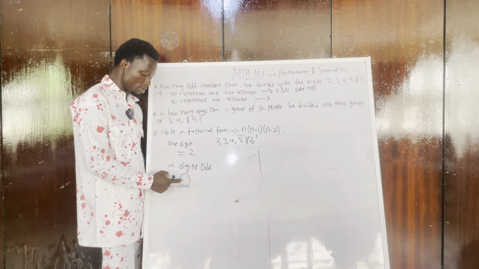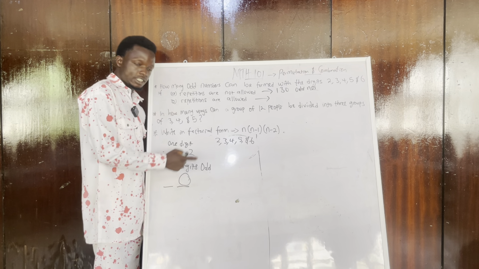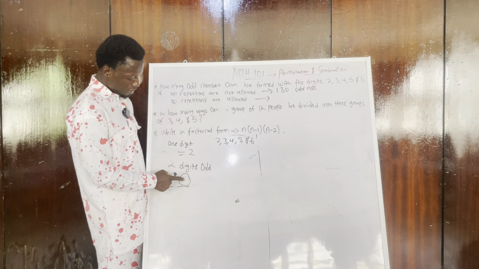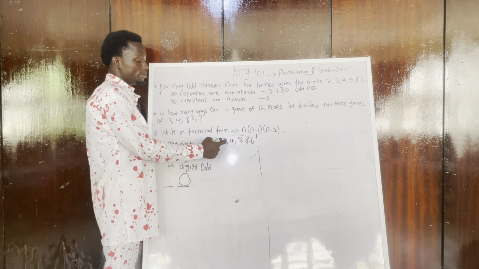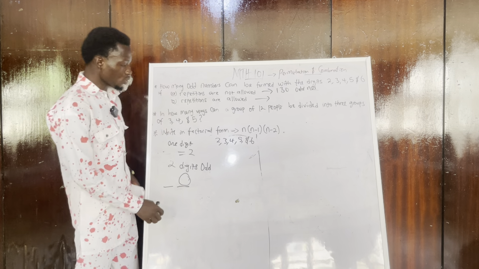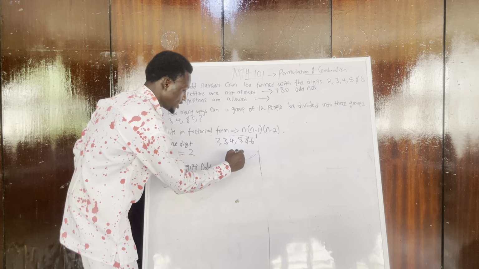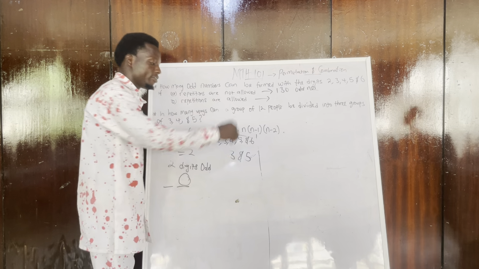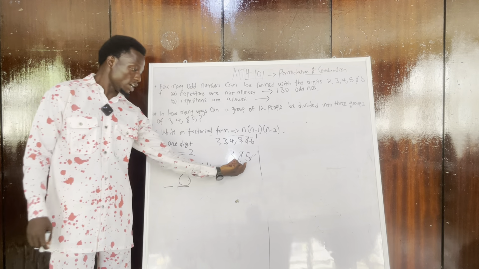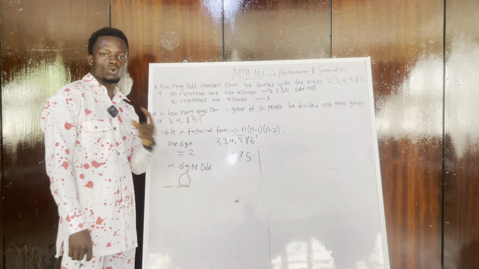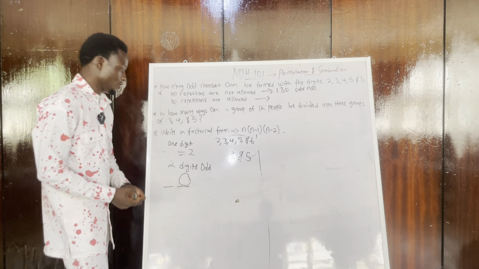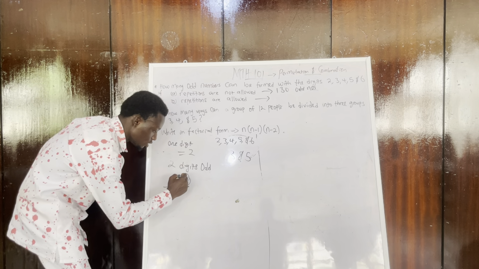For it to be an odd number, an odd digit must end it. So we are picking one digit from 3 and 5 to fill the last digit.